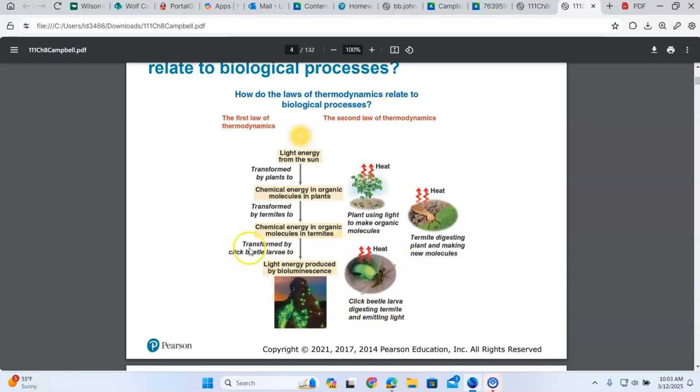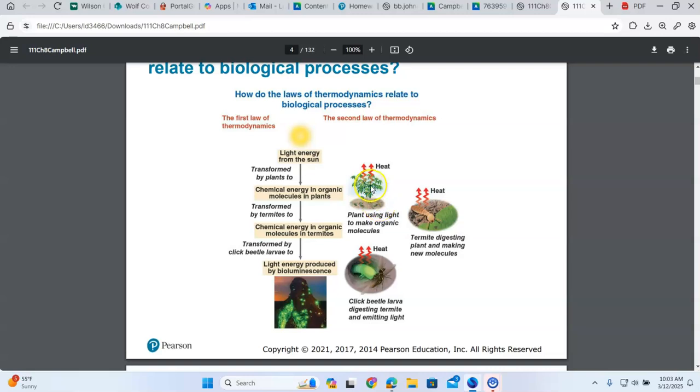Then the beetle larvae eat the termites, so they use that food from the termites for whatever biological processes require energy in their bodies. But the energy that is not used by the beetle larva is released as heat.